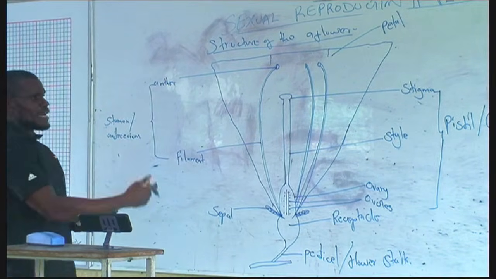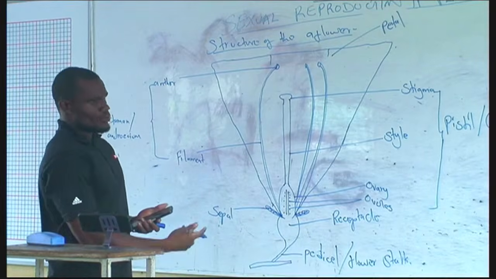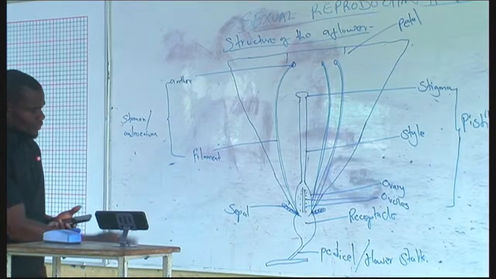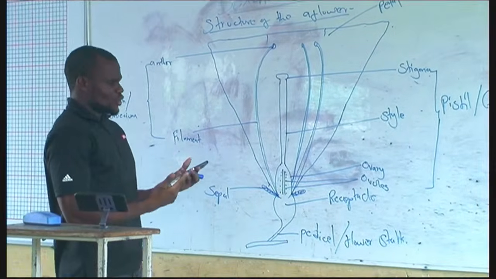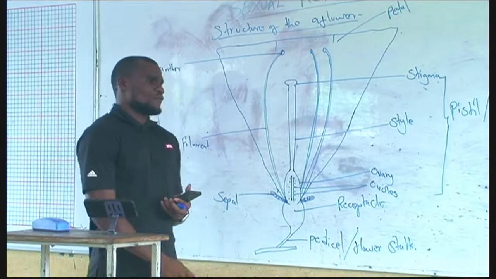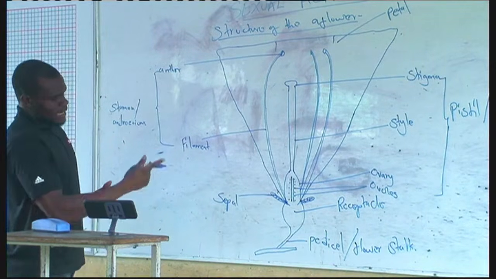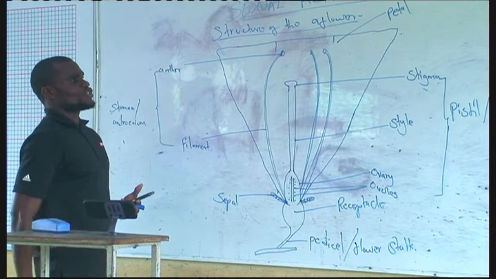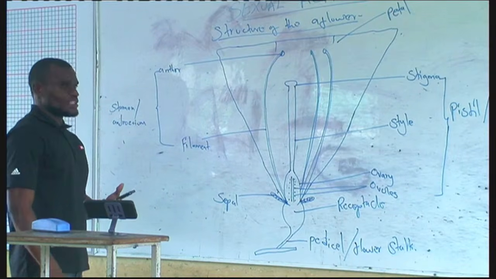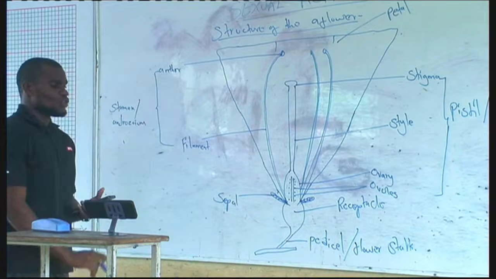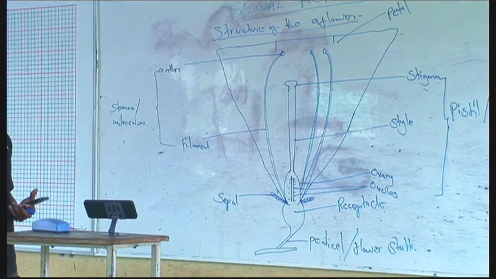Being that we now know the structure of a flower and how it looks like in various parts, what are the functions of these structures of the flower? Let's start with the pedicel, which is also known as the flower stalk.